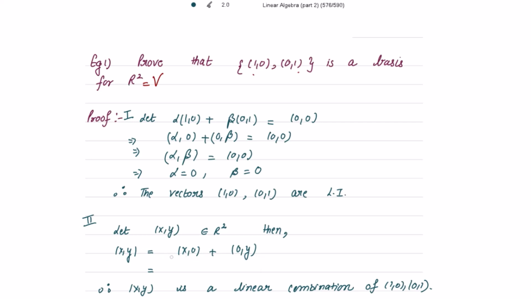Alright, take x common from here, I get (1, 0), plus take y common from here, I get (0, 1). And these are nothing but my given vectors, which means I have now written that this vector is a linear combination of (1, 0) and (0, 1). So (x, y) is a linear combination of these vectors, right?